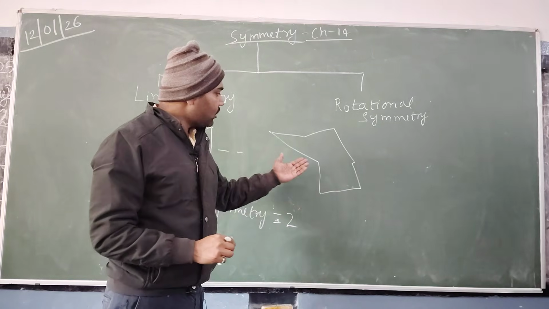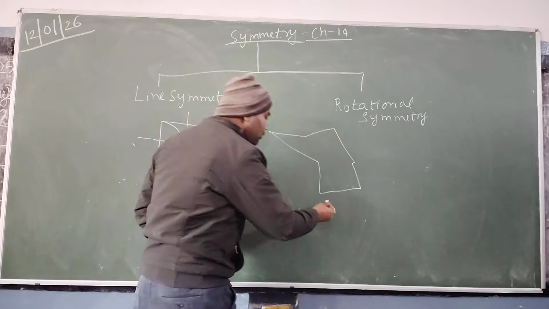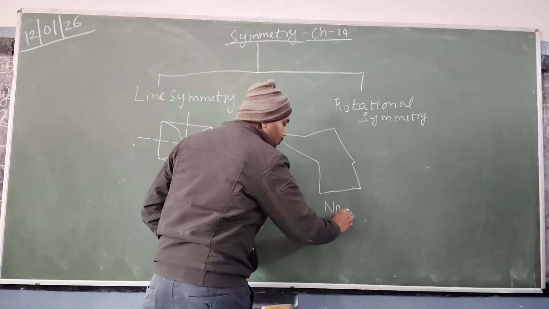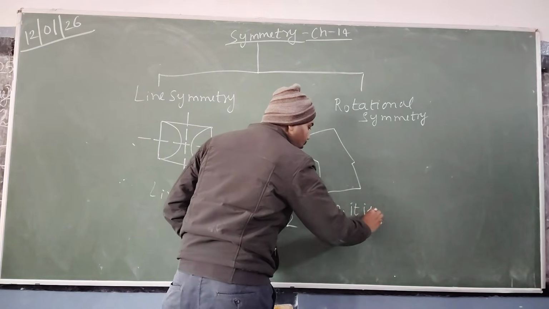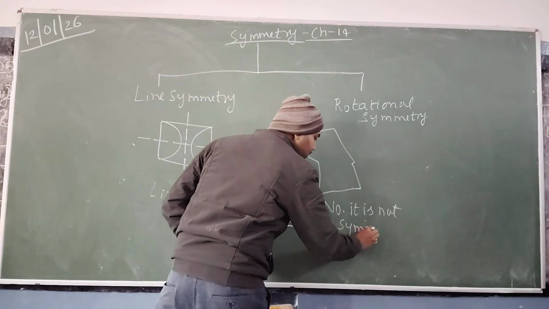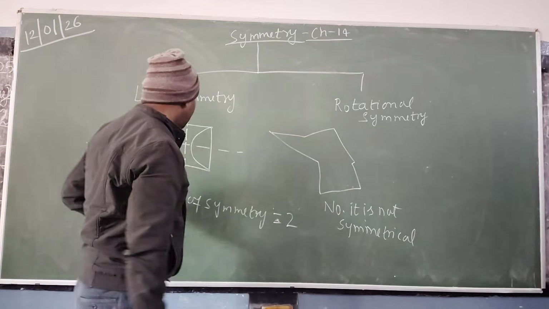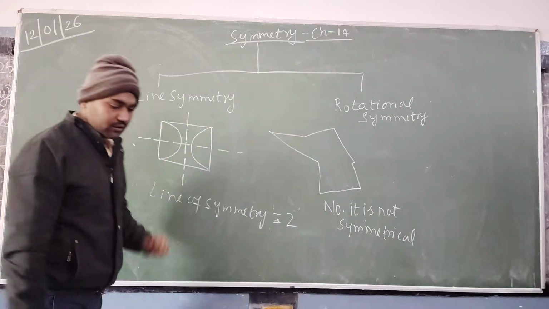If we have such a figure, we can say that no, it does not have any line of symmetry. It is not symmetrical, because we cannot make any line like we have drawn in this figure.